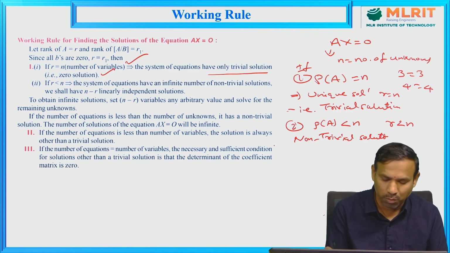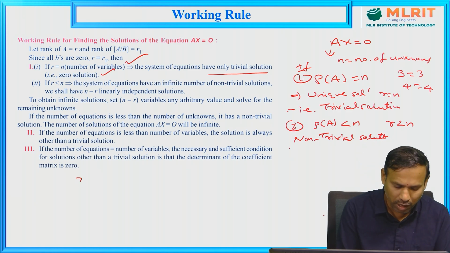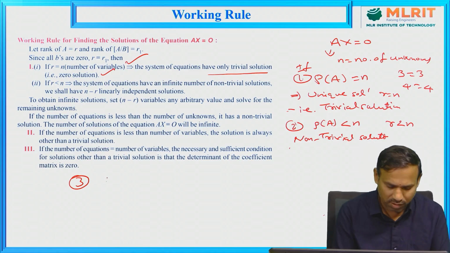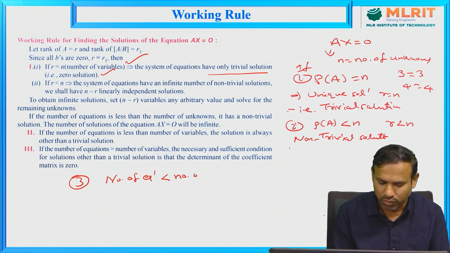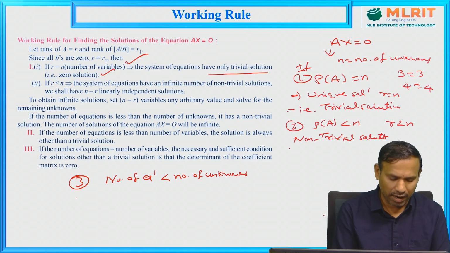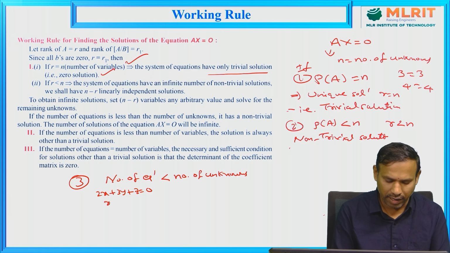One more case, compared to the non-homogeneous system: suppose the number of equations is less than the number of unknowns. Suppose we have 2 equations but 3 unknowns. Consider the system 2x plus 3y plus z is equal to 0, and x plus y plus z is equal to 0.